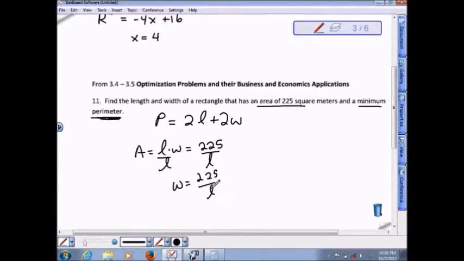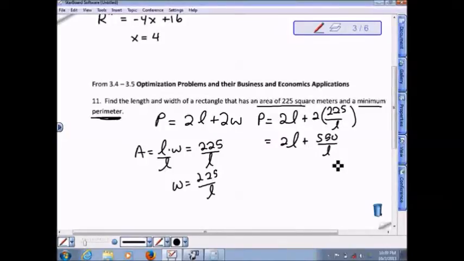Width is equal to 225 over L, which also means this width right here is equal to 225 over L. So the perimeter function can be written in terms of L: 2L plus 2 times 225 over L, which is 2L plus 550 over L.